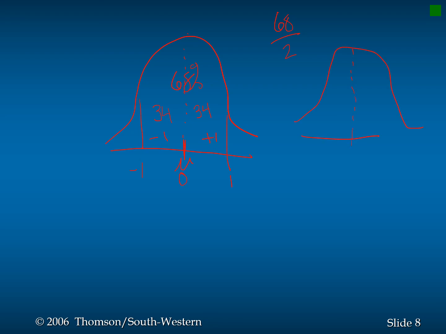Anytime you look at the curve in 2 pieces, the middle, the mean, the median, the mode is the middle value. Each side is said to be 50-50. So if I know, for example, from 0 to 1 is 34, if I were going to try to find that area, it's just going to be 50 minus 34, which would be 16. So that would be approximately 16%, and it'd be the same value over here because again each side is said to be the same once you split this thing in two.